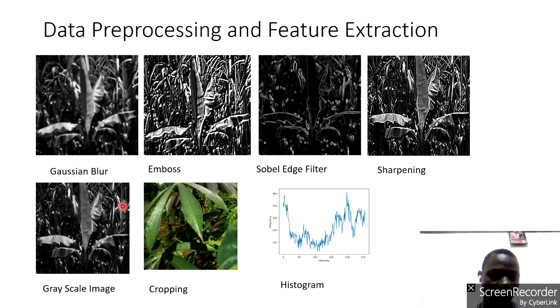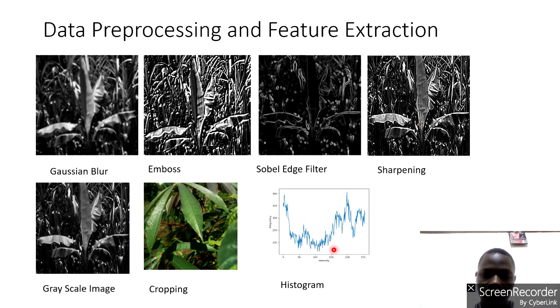I first converted the image to grayscale to reduce its dimensionality. Then I applied a Gaussian blur to see how the dataset looks. I also applied the emboss filter and the Sobel filter. The Sobel filter is for edge extraction, to extract the outlines of the various crops, as well as sharpening to enhance how the image looks.